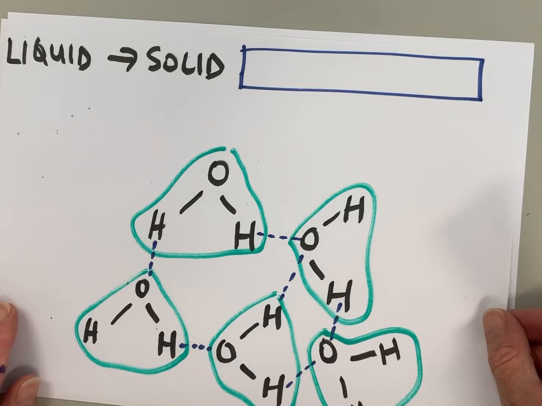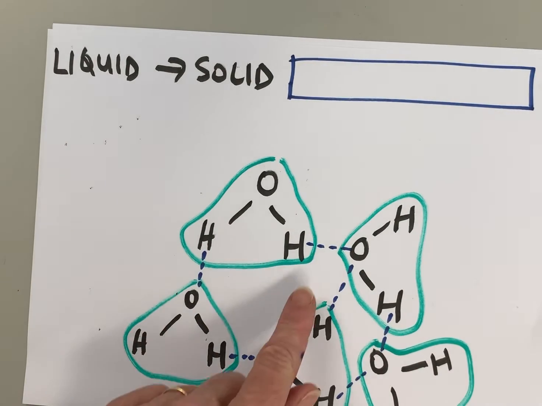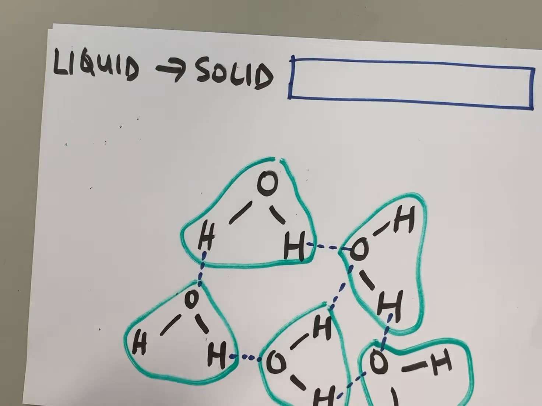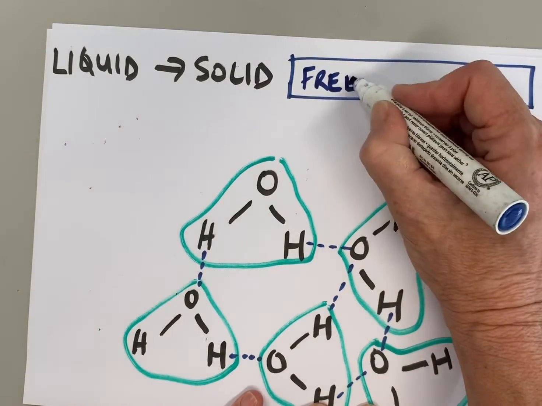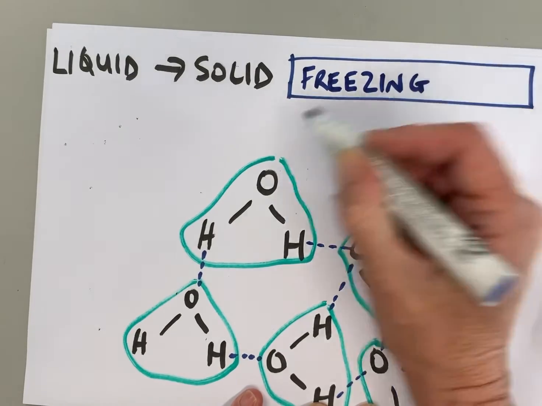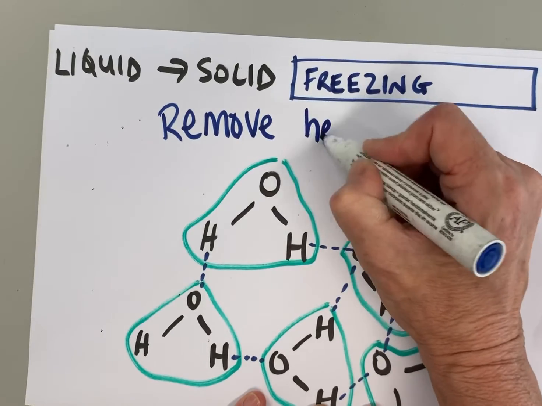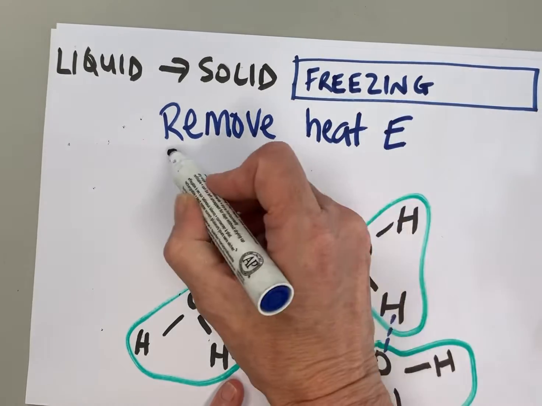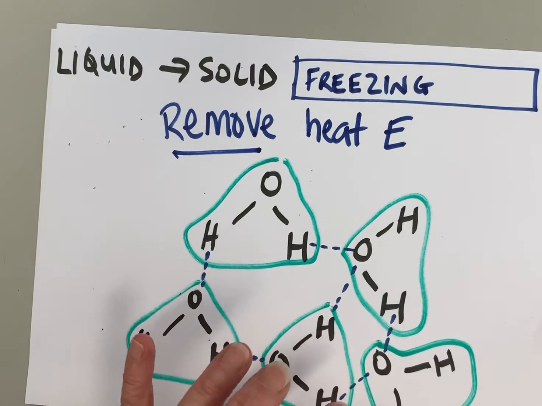And the last one that we need to talk about here is going from a liquid to a solid, and I've got a liquid drawn here with a few WIFs. Now that process is called freezing, and again you need to remove heat energy, and what happens is those particles slow down even more.